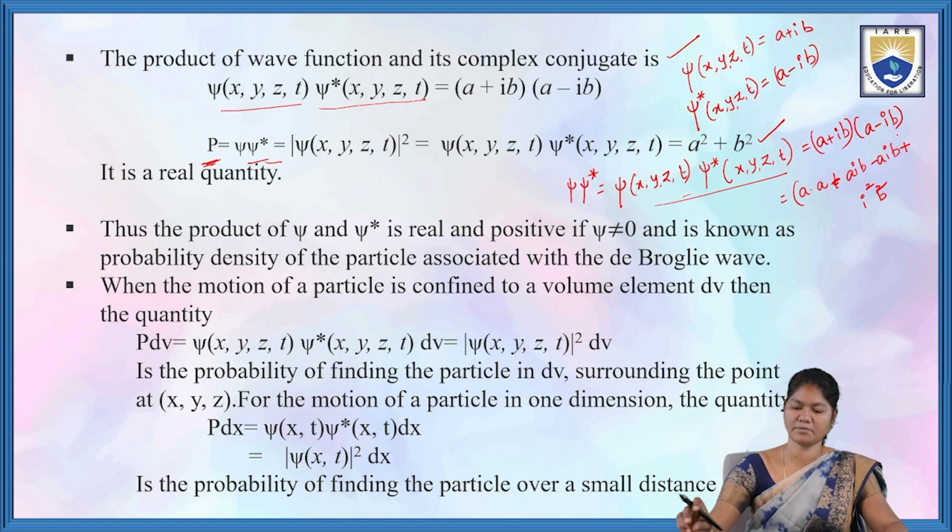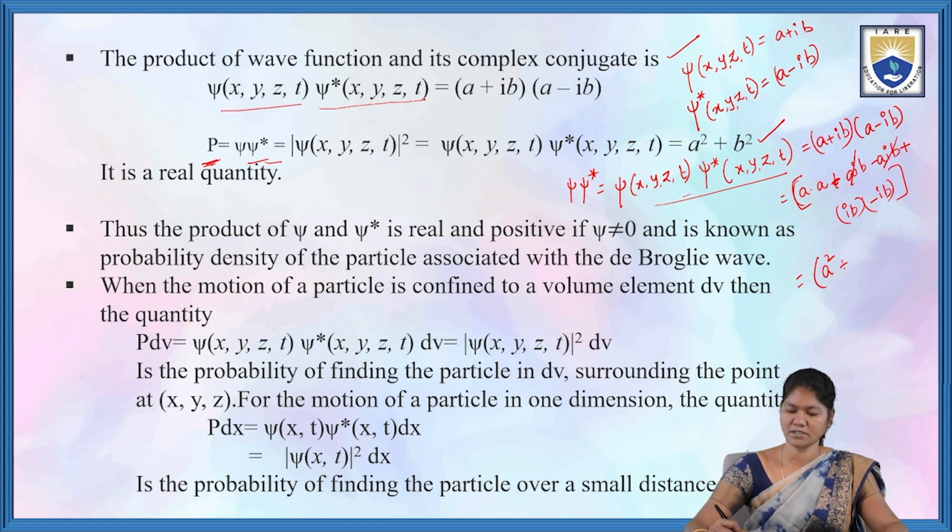Those two middle terms cancel. So we get a square minus i square b square. Here i square is minus 1, so plus b square.